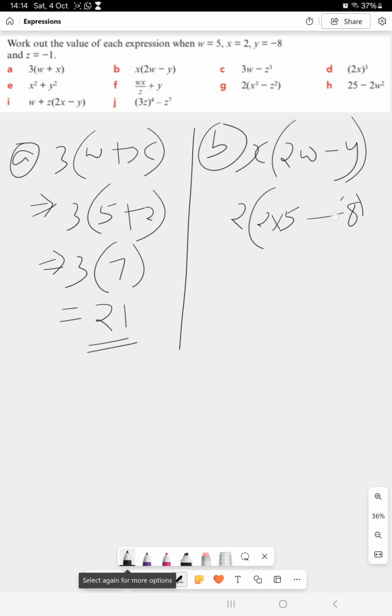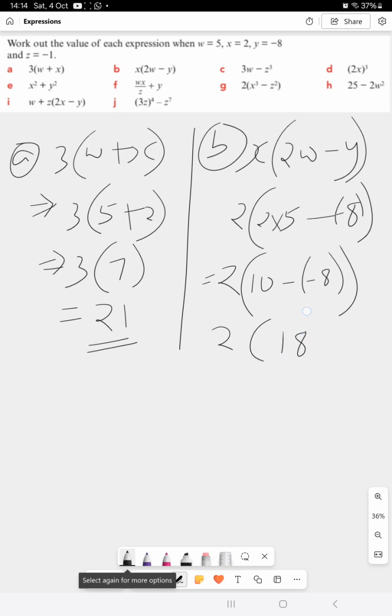Take note of this, negative 8. And this means it is 2 into 10 minus negative 8. Now, negative times negative gets positive. And this means it is 2 into 18. And this gives you 36. That is the answer. As simple as that.